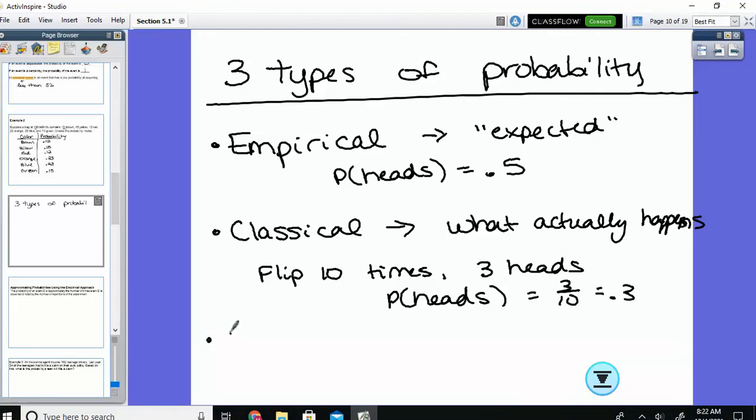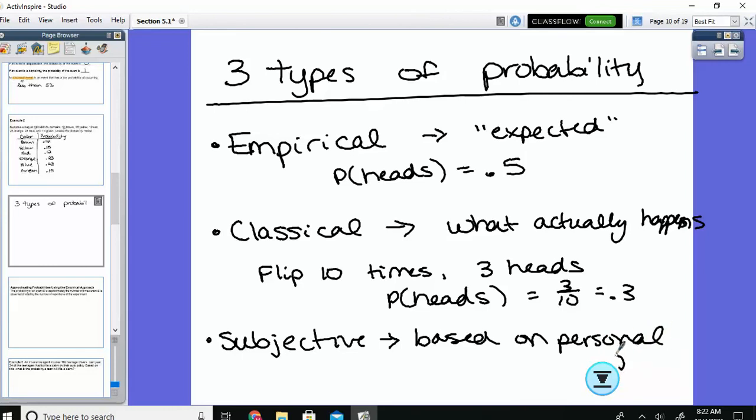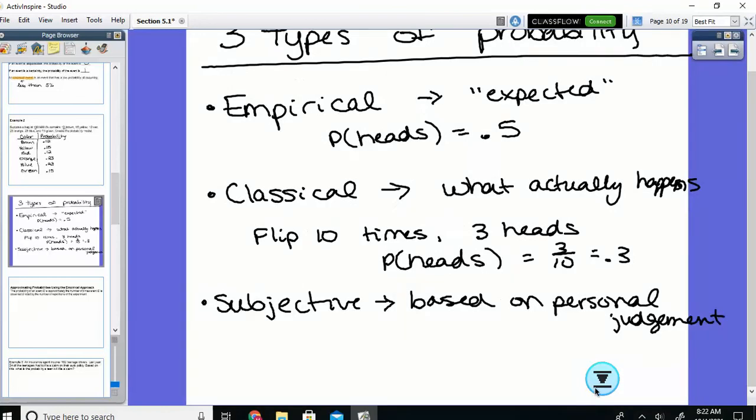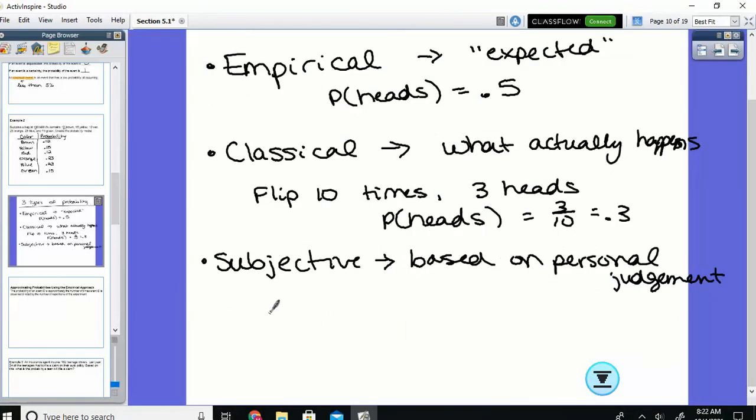Okay, the third type is subjective. And subjective is based on personal judgment. Can you think of a probability we hear all the time that's kind of based on personal judgment? Think about the weather.